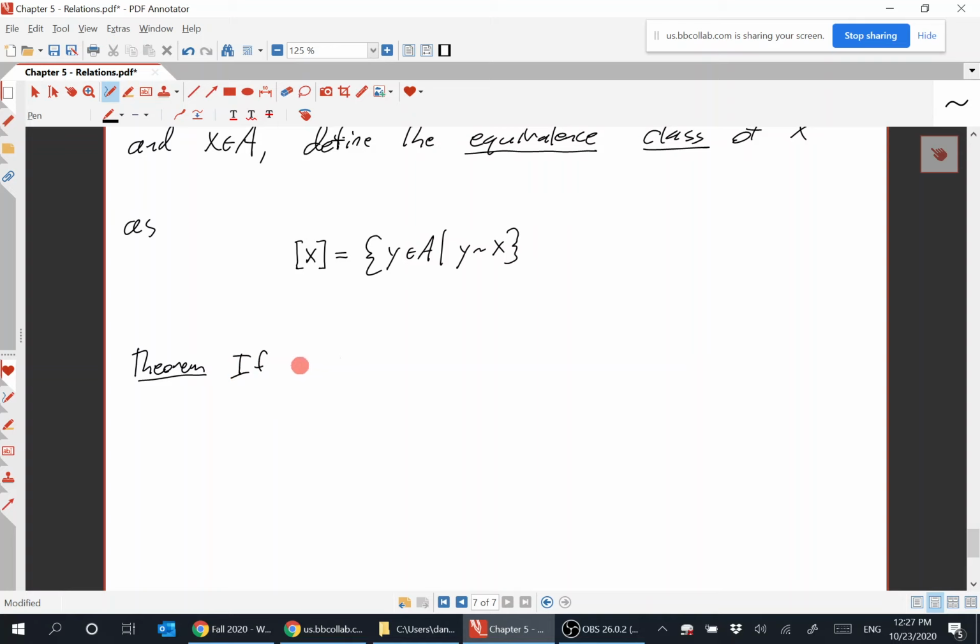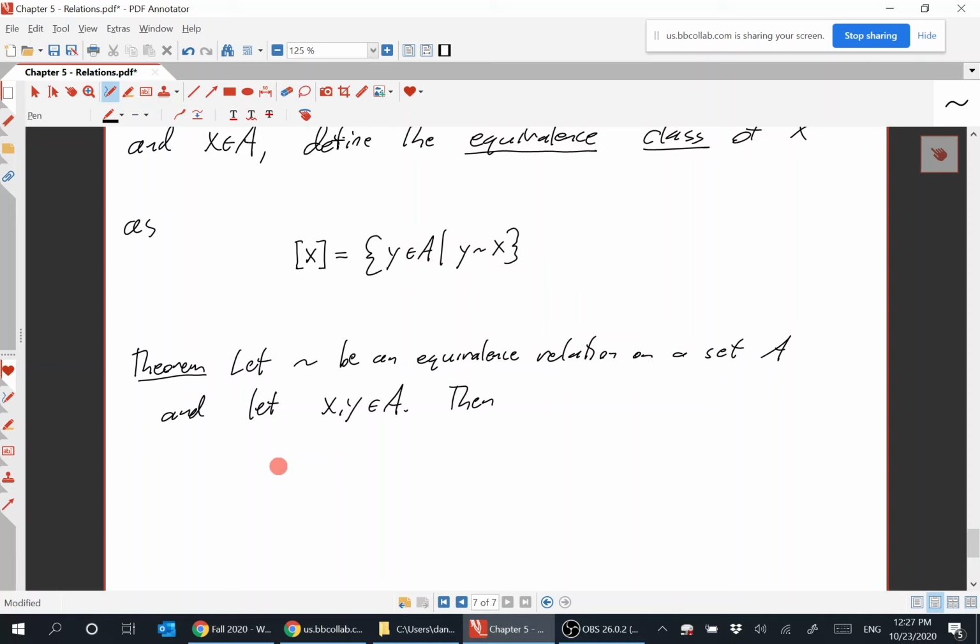Let twiddle be an equivalence relation on a set A, and let X and Y be elements of A. Then the equivalence class of X equals the equivalence class of Y. In other words, the set of things related to X is equal to the set of things related to Y if and only if their intersection is not equal to the empty set.